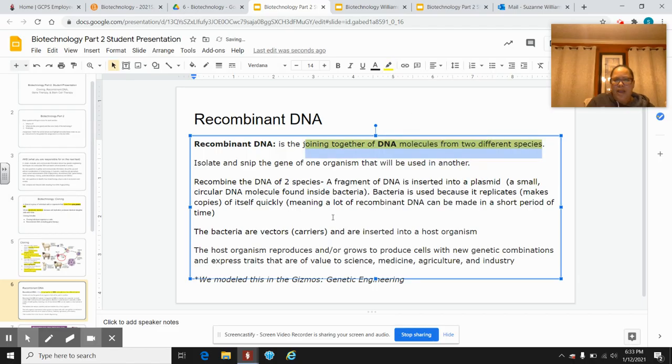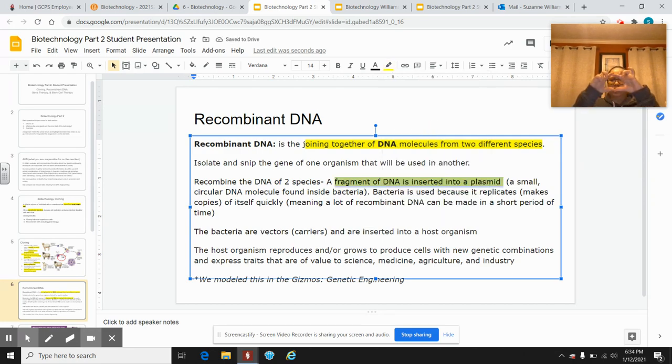Okay. And so we're going to go through the steps, and then we're going to actually look at the next slide that has a picture, a diagram of these steps, and you're going to need to know some of these words. So when we recombine from two species, we're going to take a fragment. All right, so you take a fragment of the DNA and you insert it into a plasmid. So you're going to need to know what a plasmid is.